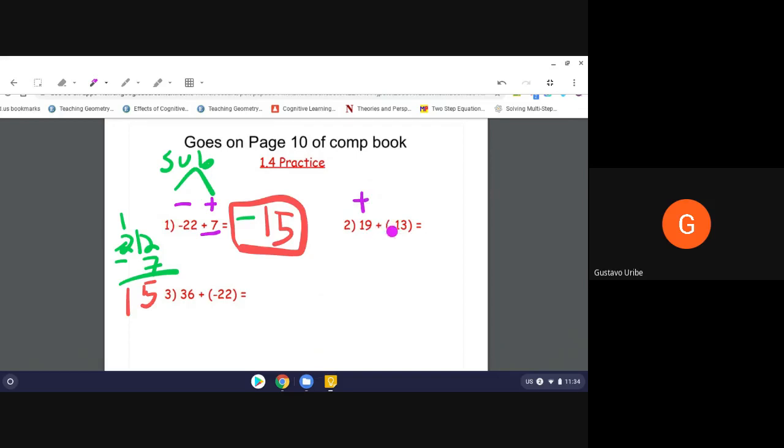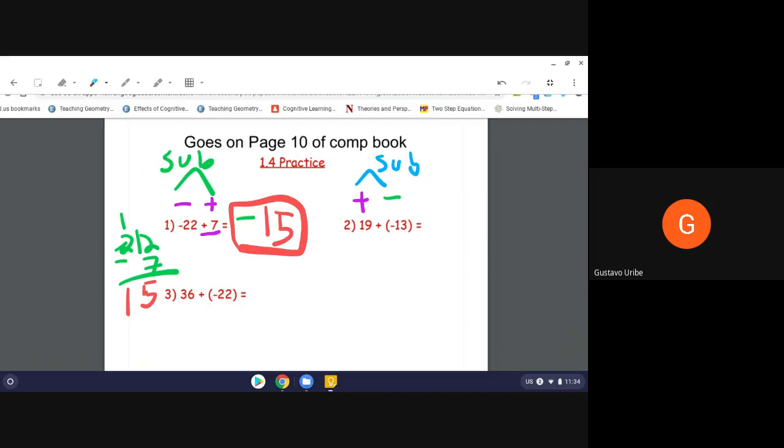Plus negative 13. Okay, this plus isn't going to do anything because the negative is the number that's right next to the 13. So this is actually a negative. Well, let's look at this. These are different signs again, so we are going to subtract.